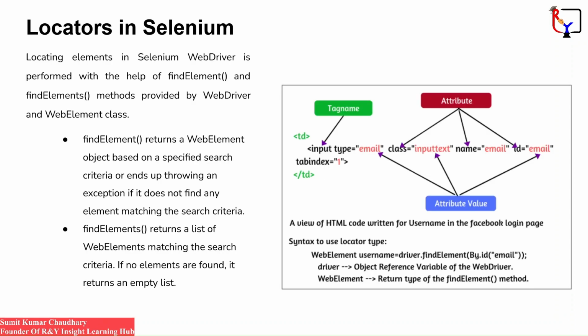So WebDriver provides methods to interact with an element: the findElement and findElements methods. findElement returns a WebElement object based on a specific search criteria, or ends up throwing an exception if it does not find any element matching the search criteria.